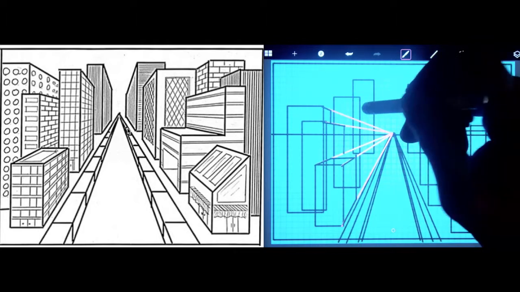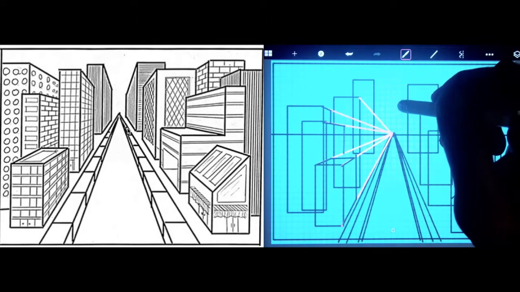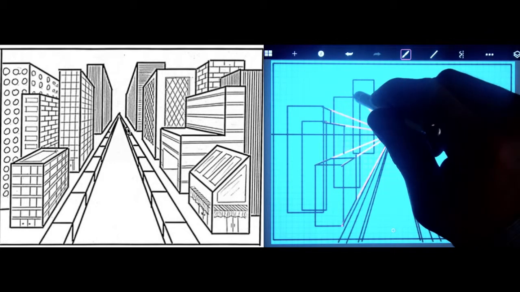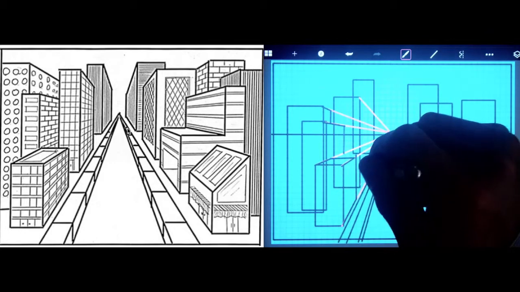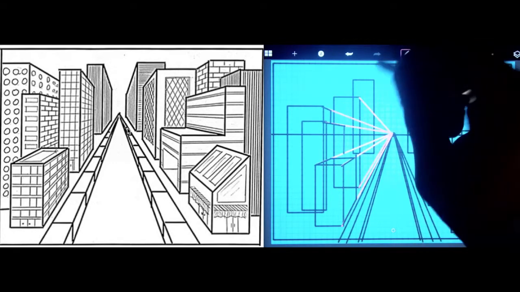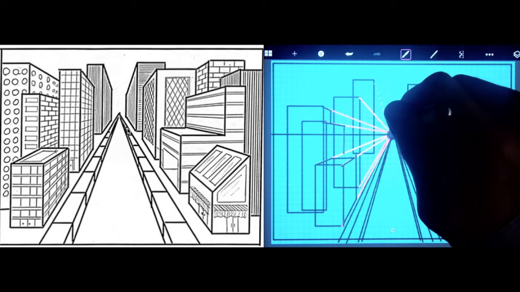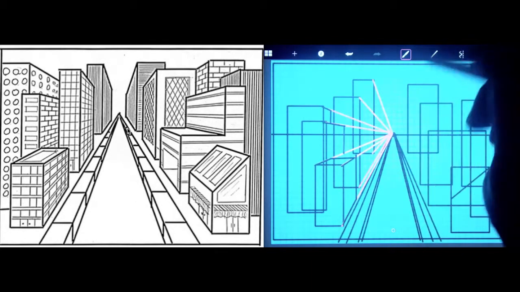Now I need to draw these edges. This building that is above the horizon line has a line of perspective from the top, and it has a line of perspective from the bottom. And for the very last building, likewise, line of perspective from the top and a line of perspective from the bottom.